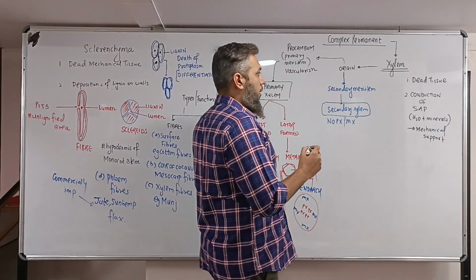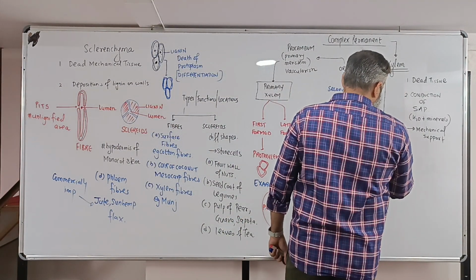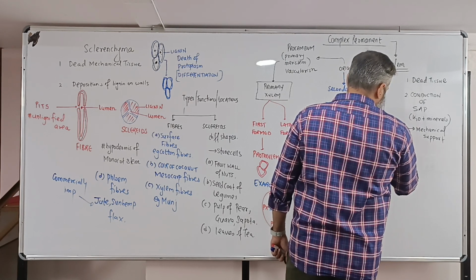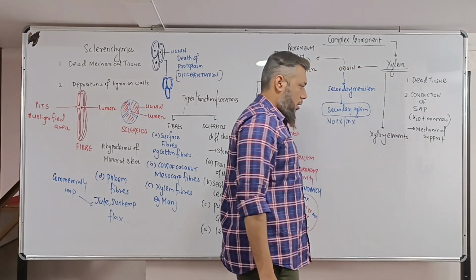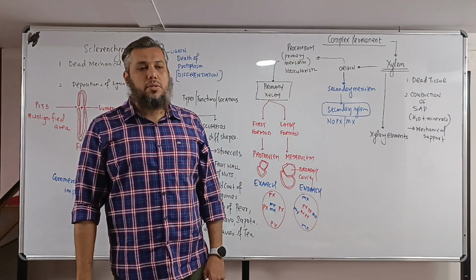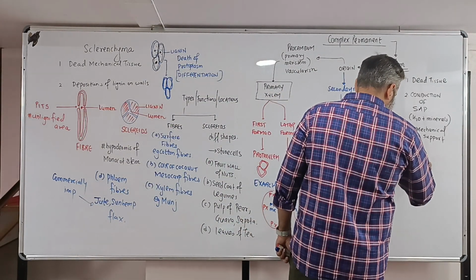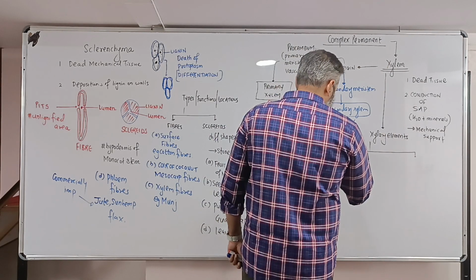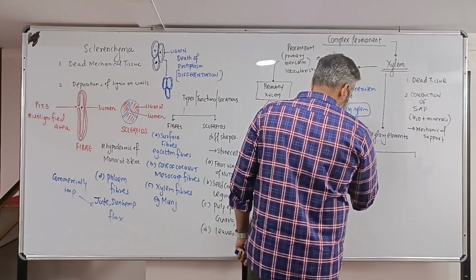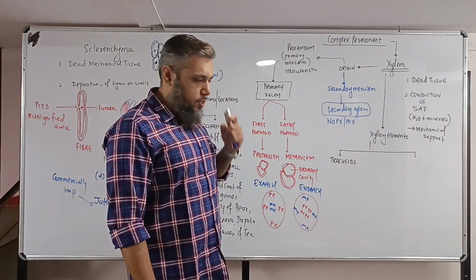Xylem is made up of xylary elements. The components are called the xylary elements. So, what is the xylem made up of? Tracheids.